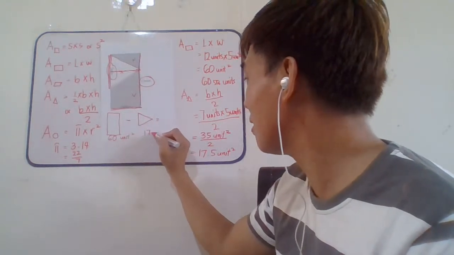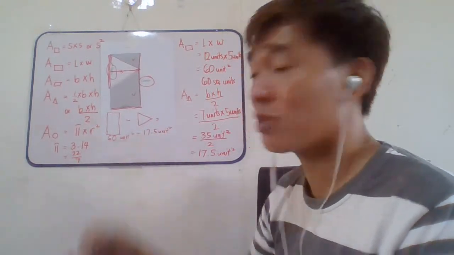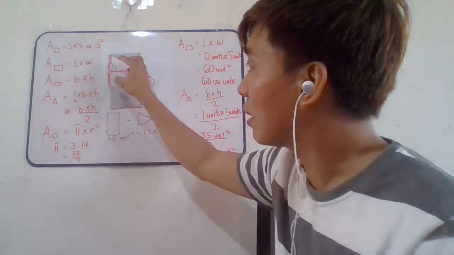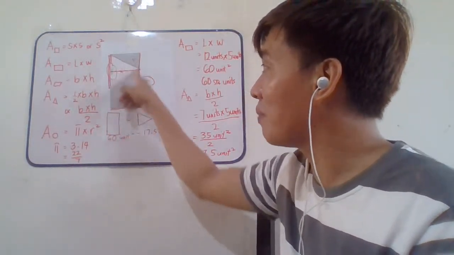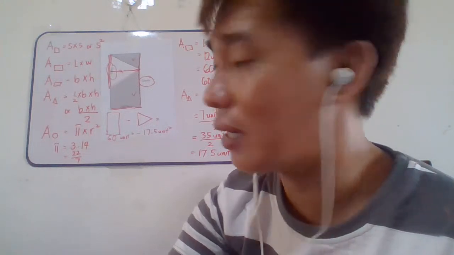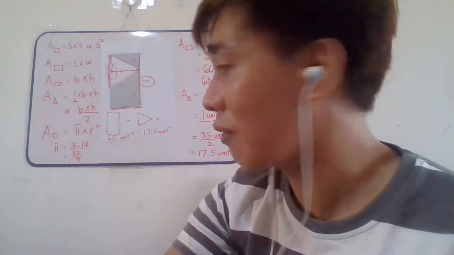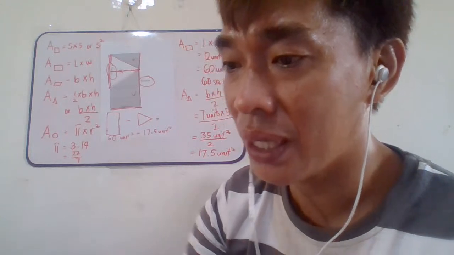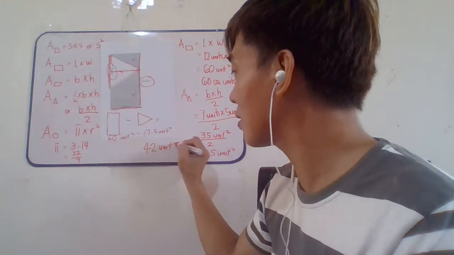So 17.5 unit squared. All you have to do this time is subtract, because we have to take out that white portion. The remaining here will be the shaded figure. So if we subtract 60 minus 17.5, that will give you 42 unit squared.